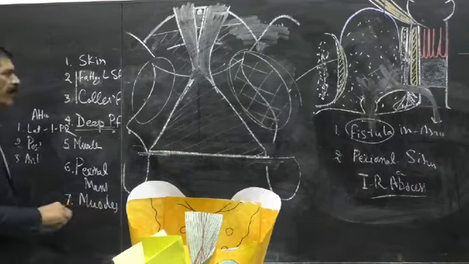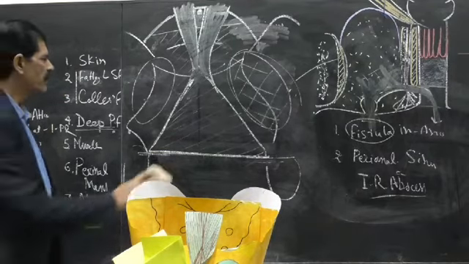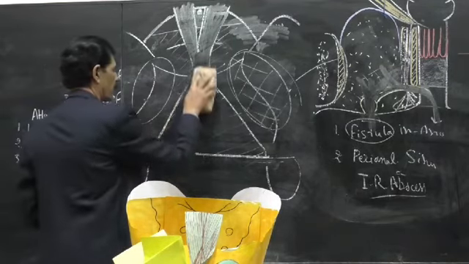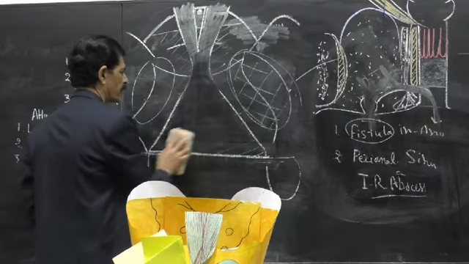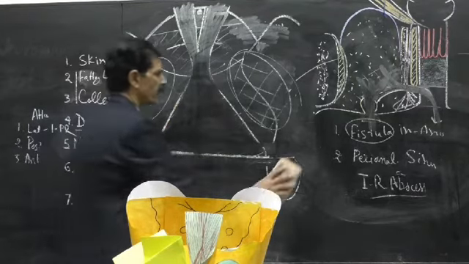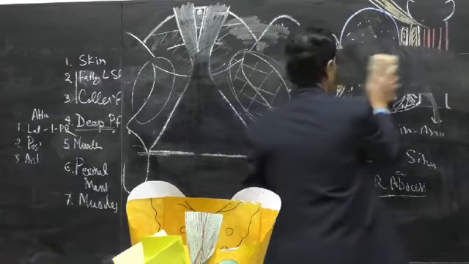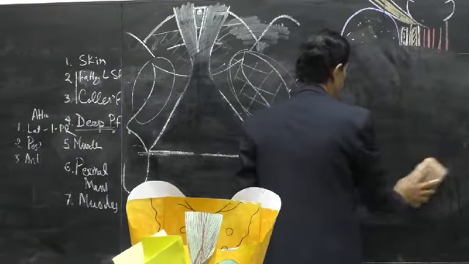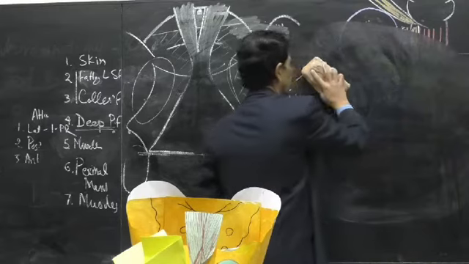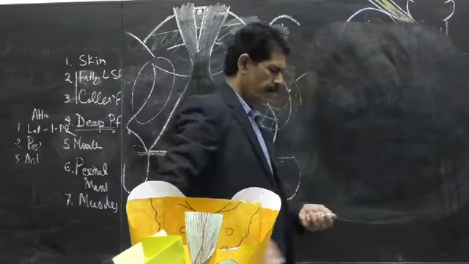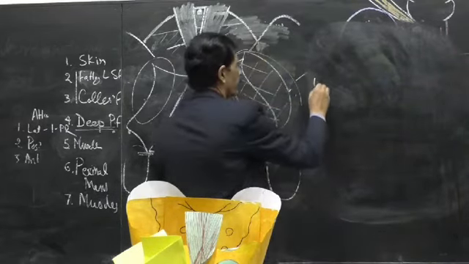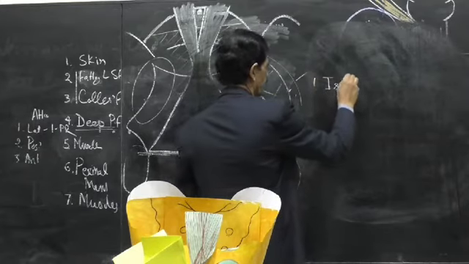Then, when we remove the deep fascia, what do you expect? Muscles. Right here, muscles are there, deep to the deep perineal fascia. The names of the muscles: ischiocavernosus.